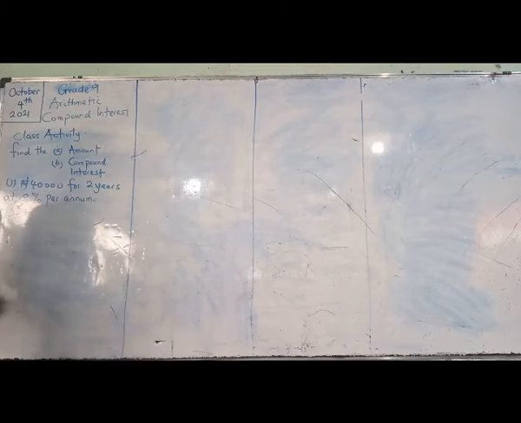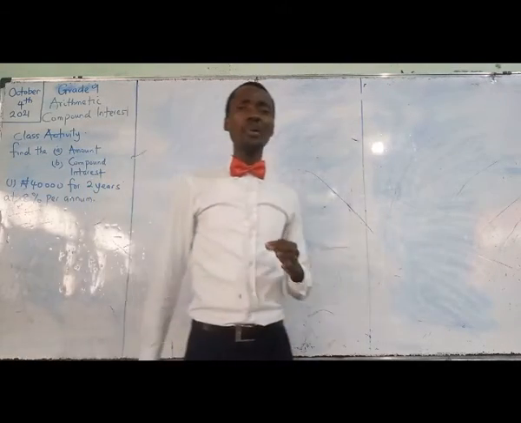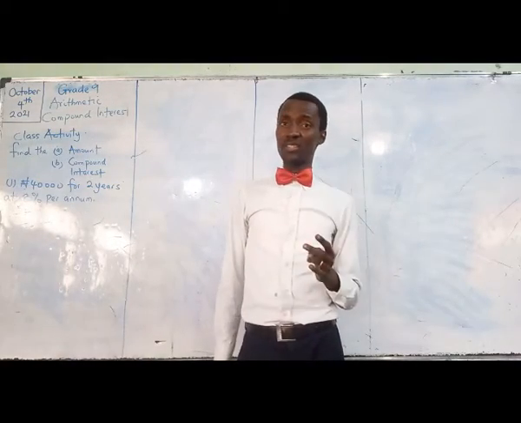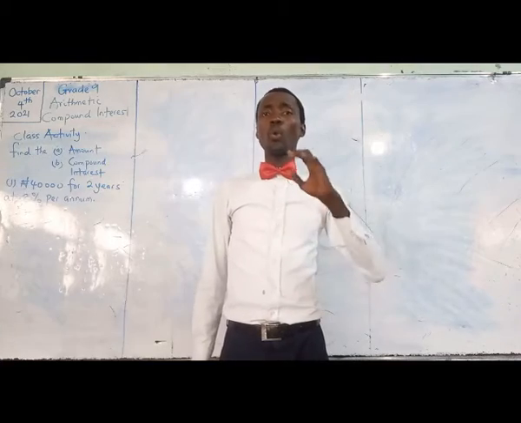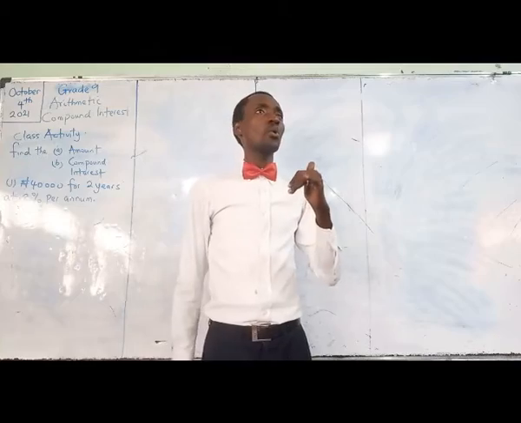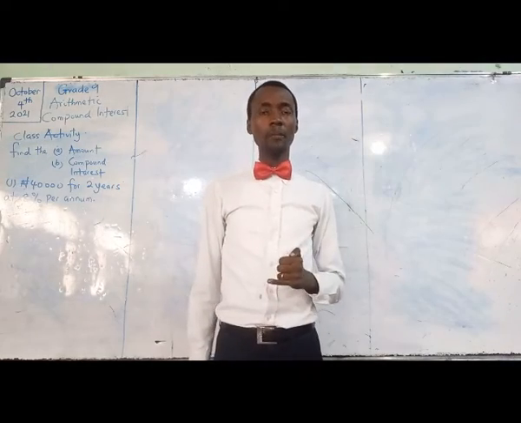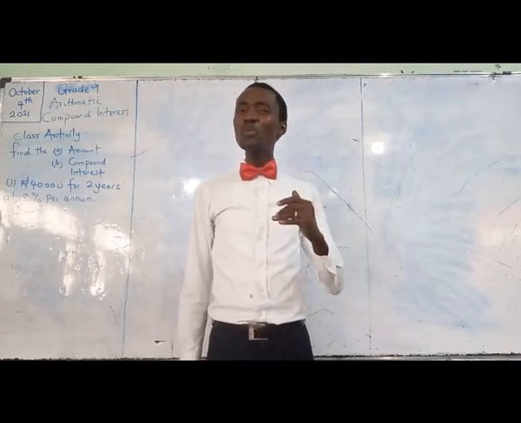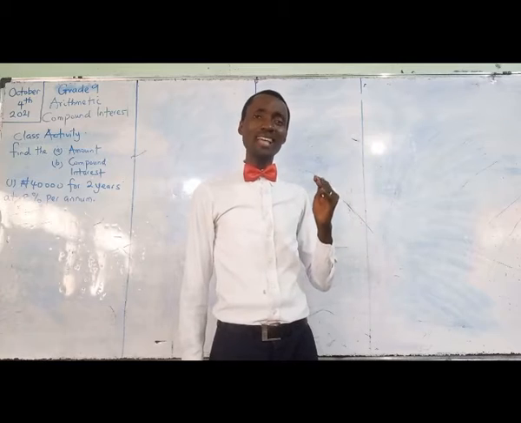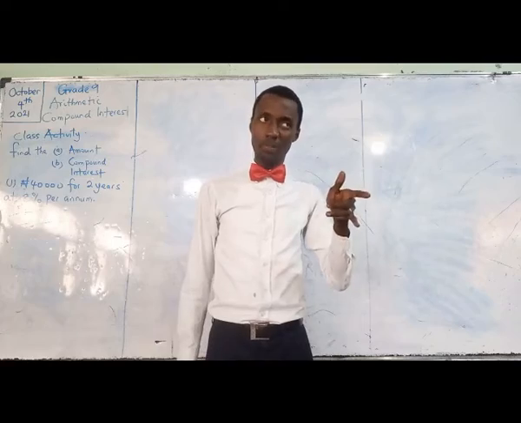Now, it's important for you to remember that when we talk about amounts, principal, and interest, I started by saying that when we mention interest, there are 2 types of interest. We can have simple interest, or we can have what? Compound interest. Now, there is an amount you get when you consider simple interest. That amount is simply the simple interest plus the principal.